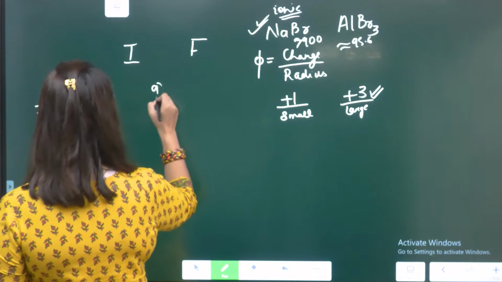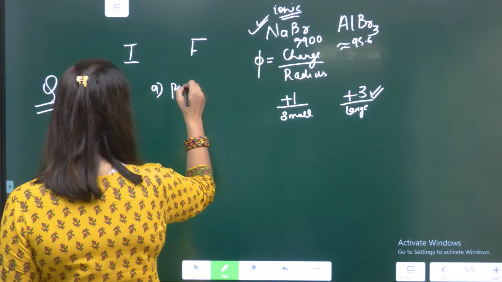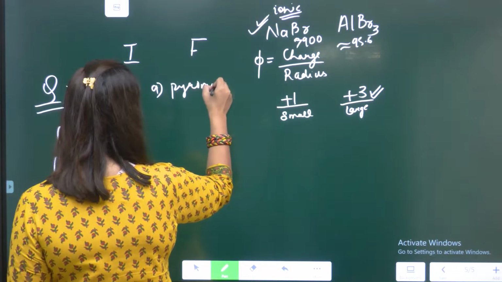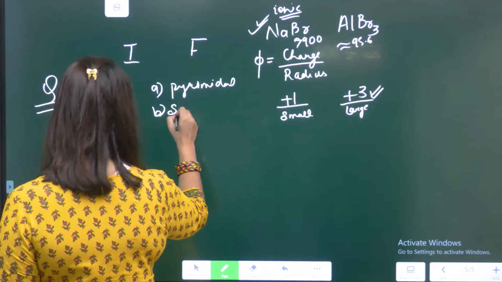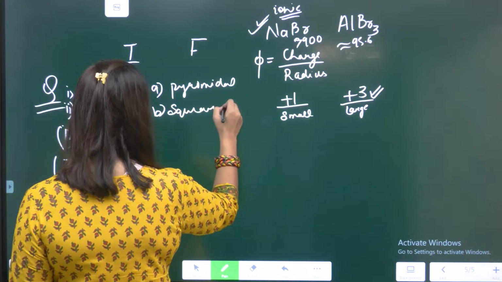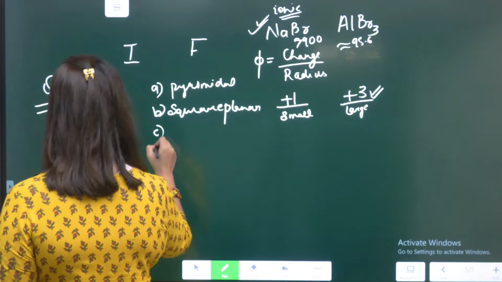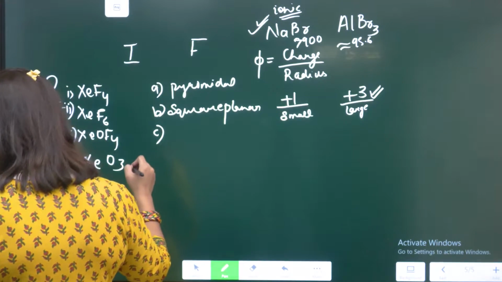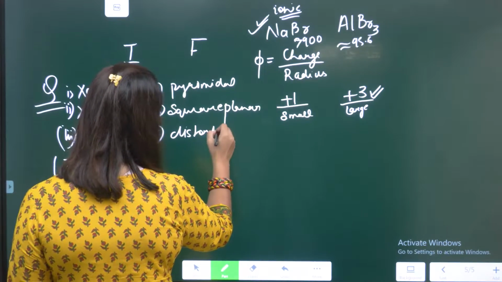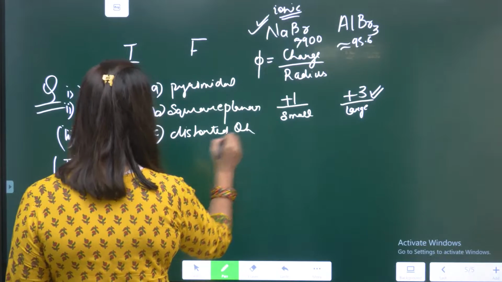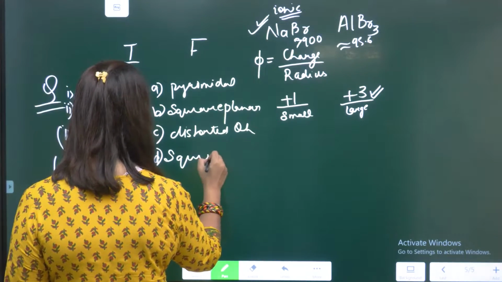And you have to match it with the second column, which has given pyramidal, B option which is given square planar, C option which is given as distorted octahedral, and D option which is given as square pyramidal.